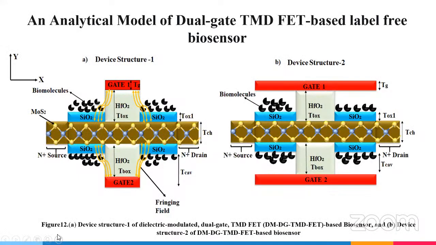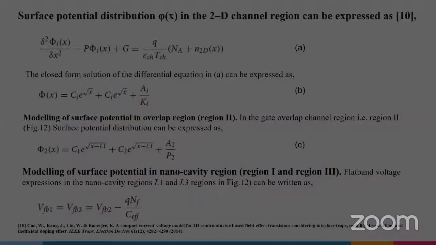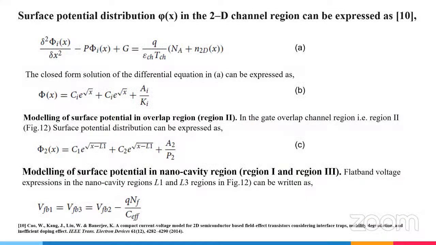Since the channel is very thin, we can create an infinitesimally small area in this channel, and we can find the Gaussian profile of that area. We can find the charge enclosed and the electric field going out through the Gaussian profile, and we will come to this particular equation A, which will give us the surface potential distribution in the channel.